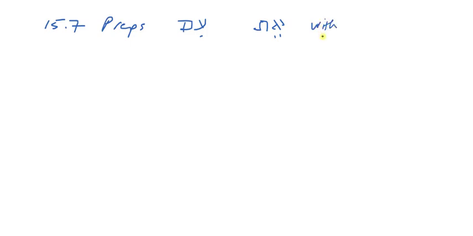You've learned the direct object marker et, and you've learned now et meaning with. And so you have to pay attention to the context here, and next chapter we'll see a little bit more about how to distinguish the two. Are these two prepositions monosyllabic?